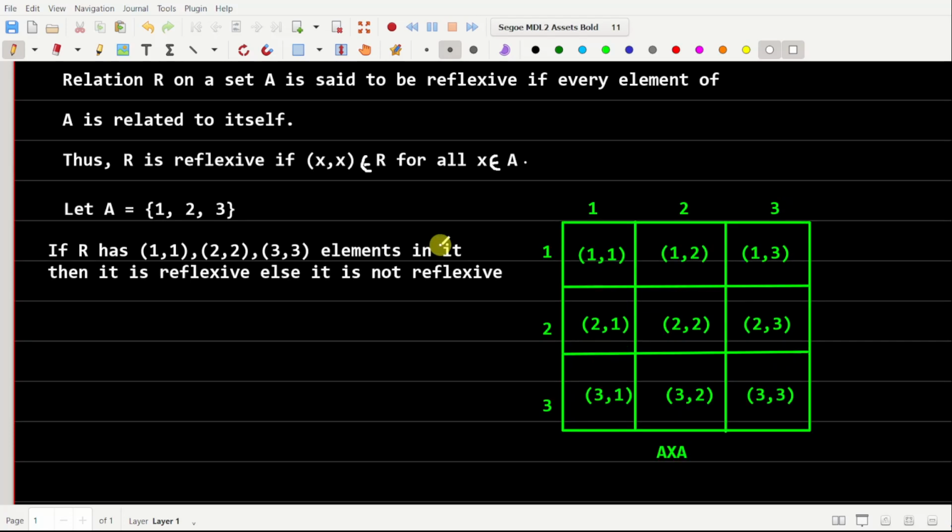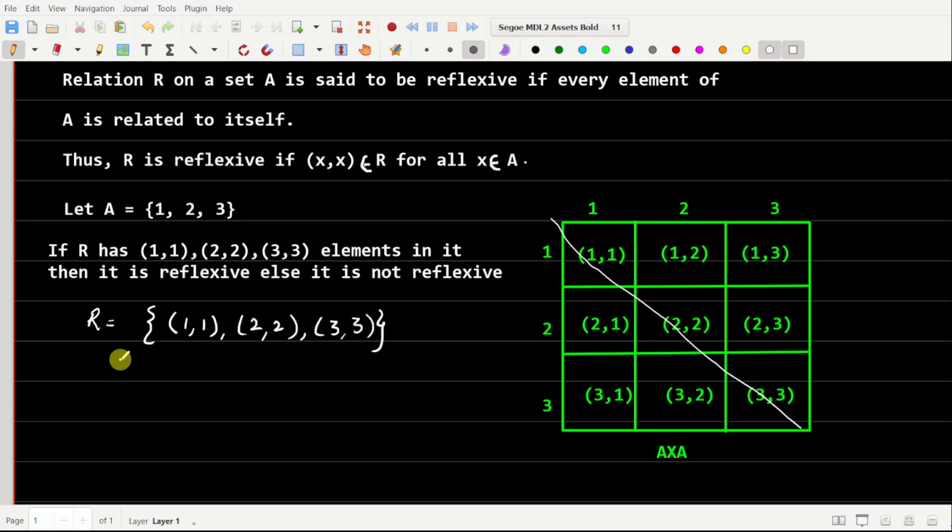Now these are called the diagonal elements, because they are lying on the diagonal, right? So we have got (1,1), (2,2) and (3,3) as the diagonal elements. Now the relation is reflexive if R has all these three elements, (1,1), (2,2) and (3,3).